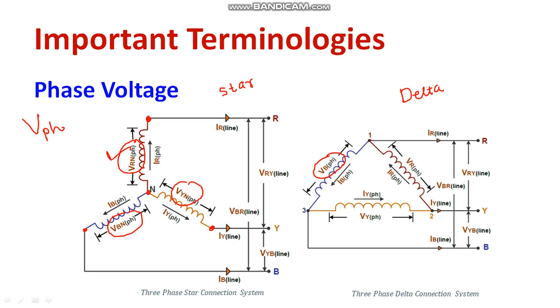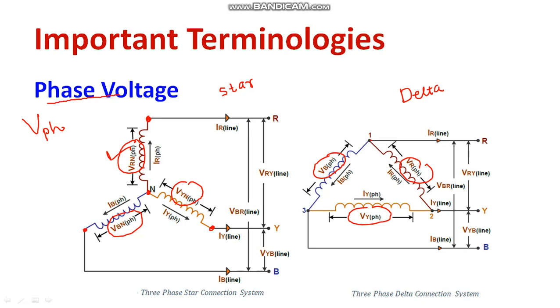Voltage across 1 and 2 is called VR. Voltage across 2 and 3 is VY. If you want, you can write VRY or VYB. That is also possible. So this is actually called phase voltage. Hope you understood the term phase voltage.